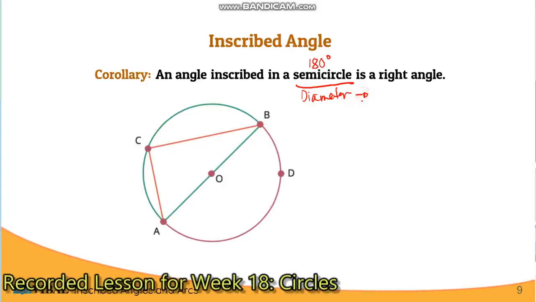In this case, our diameter is AOB. This means we form a right angle when there is a diameter, or when we create an arc on the diameter. In this figure, we have diameter AOB and it forms a triangle.